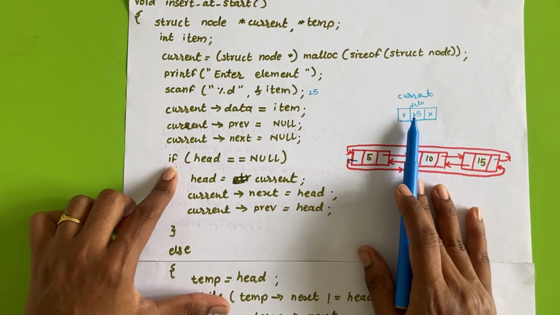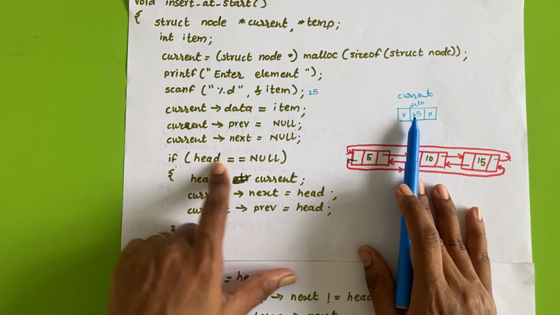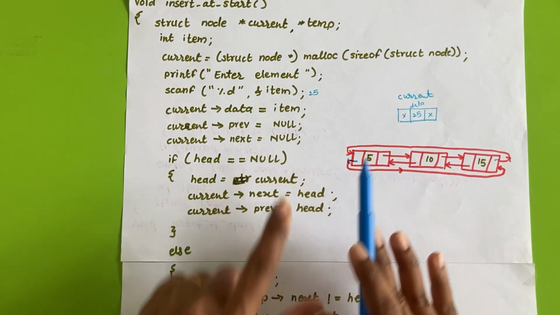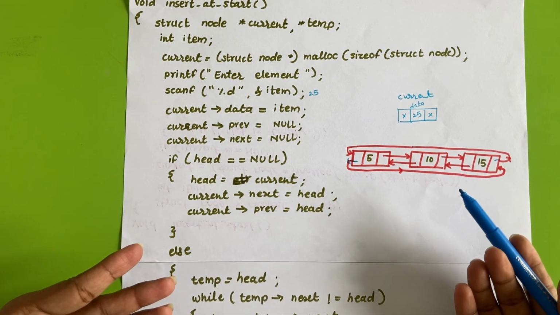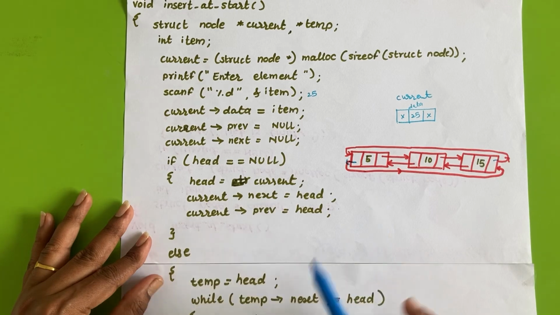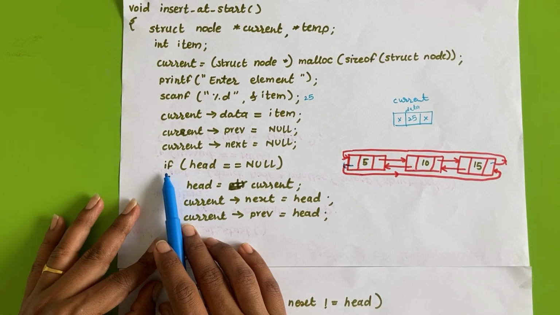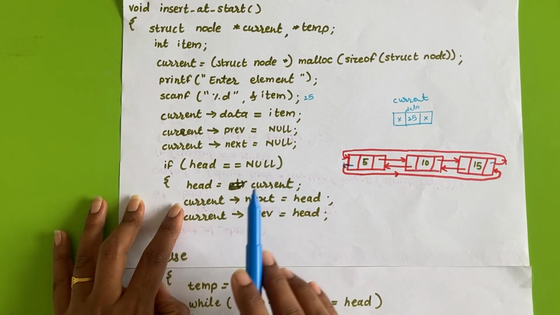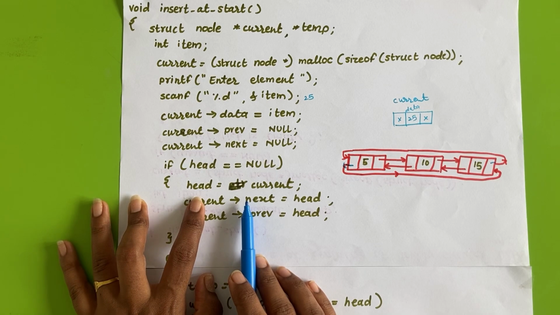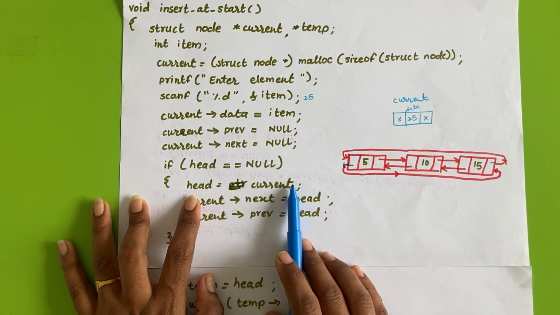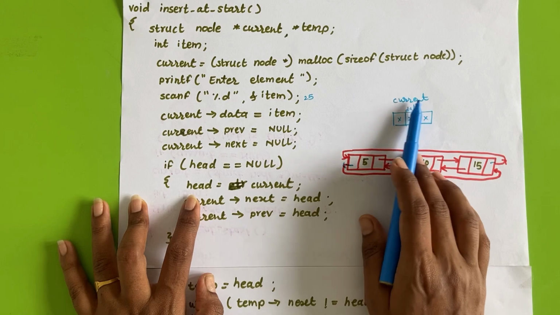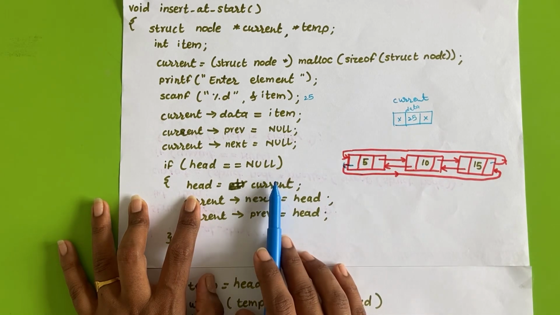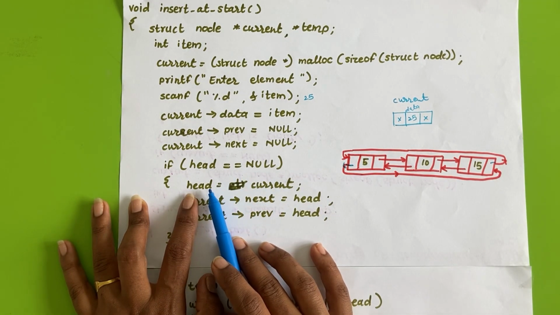Okay, so first we have to check the condition. If head is equal to null, means the head is not present, means the linked list is absent, and the new inserting node will act as the head node. Okay, so if head is equal to null, then we have to make the change head is equal to current. So this current node will act as the head node. So I have copied the value of current into head.